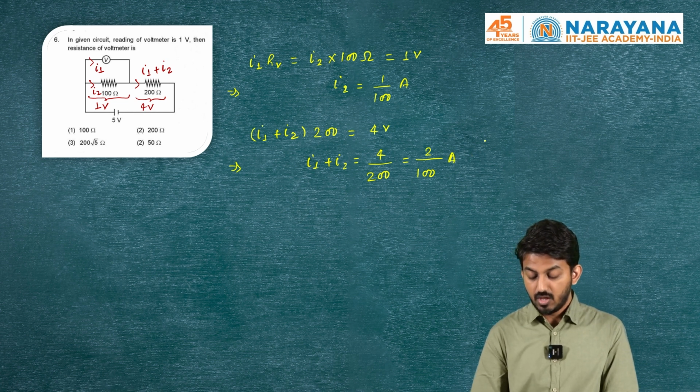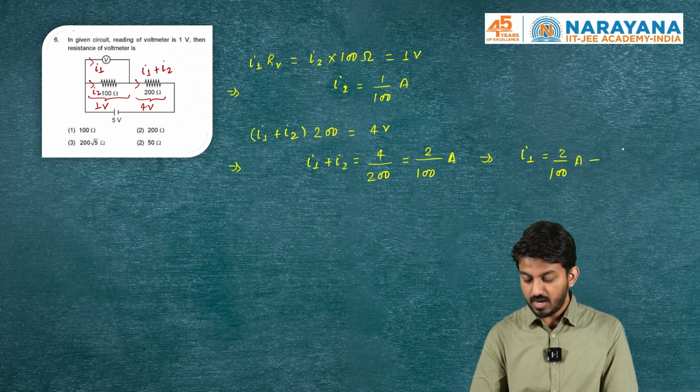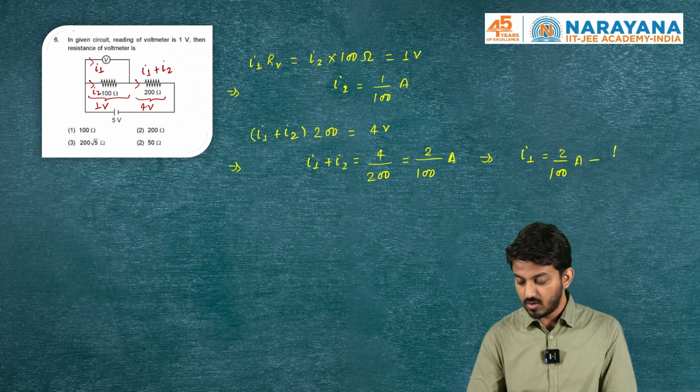Now I2 value is known to us, so this implies I1 is equal to 2 over 100 ampere minus I2, which is 1 over 100 ampere. Finally, we are getting 1 over 100 ampere.